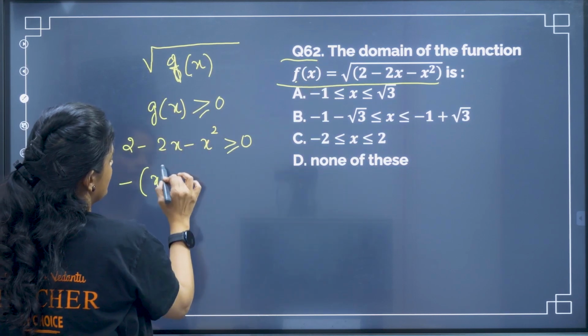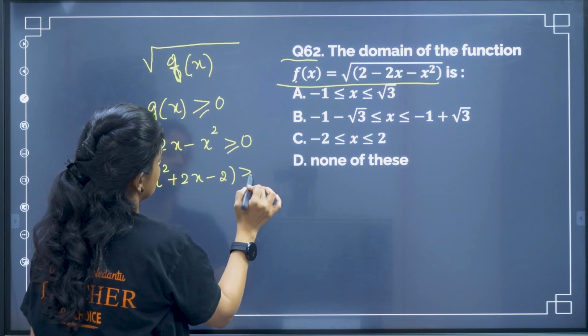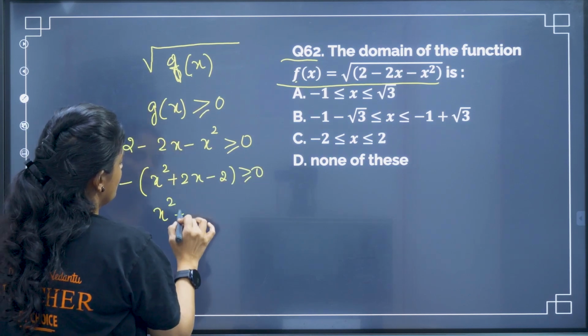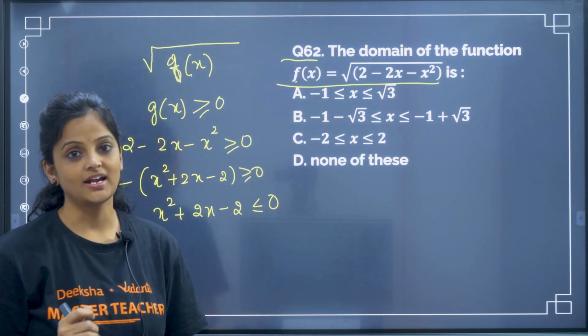Minus is common. Minus x square means plus 2x minus 2 greater than or equal to 0. The only thing you have to do here is solve this quadratic equation.